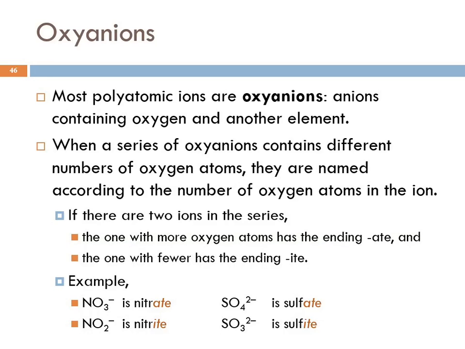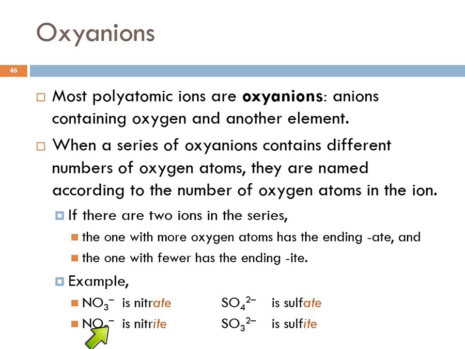And so what I tell students to do is you memorize the ate. That's going to be the one, if there's 2 ions in this series, that's going to be the one with more oxygen atoms, and the one with fewer is going to have the ending ite. So here we have nitrate and nitrite. The only difference is the number of oxygens.